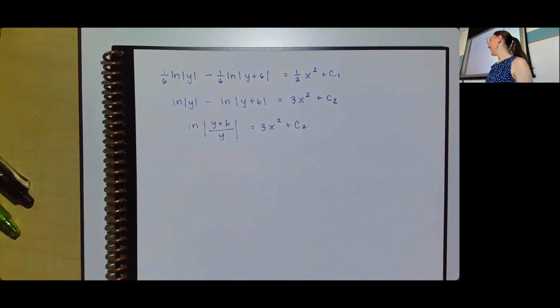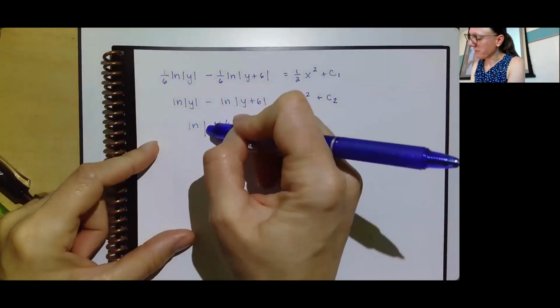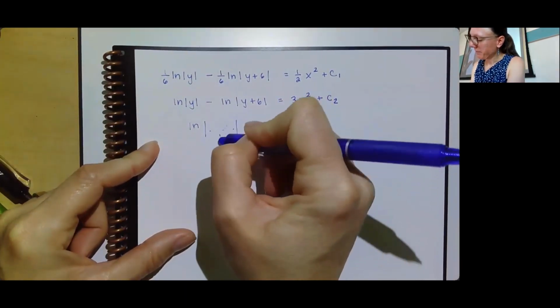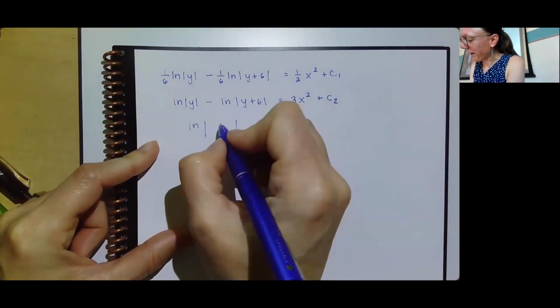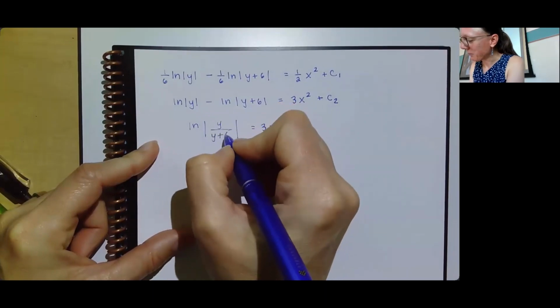And that I can do e to the stuff on both sides to get rid of my natural log. I don't know, I got it backwards. How about a y over y plus 6? Better? Okay.